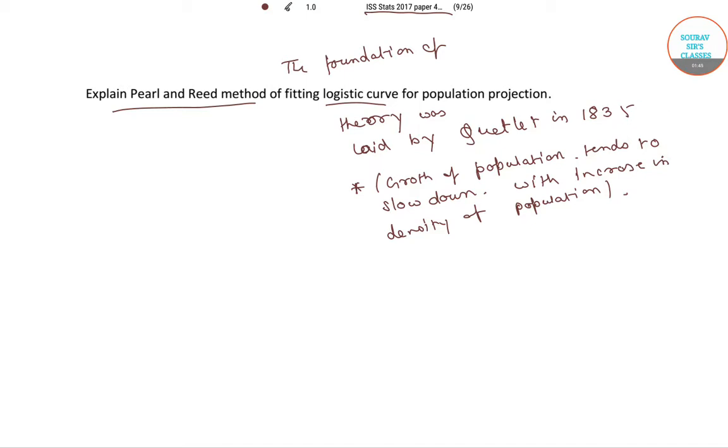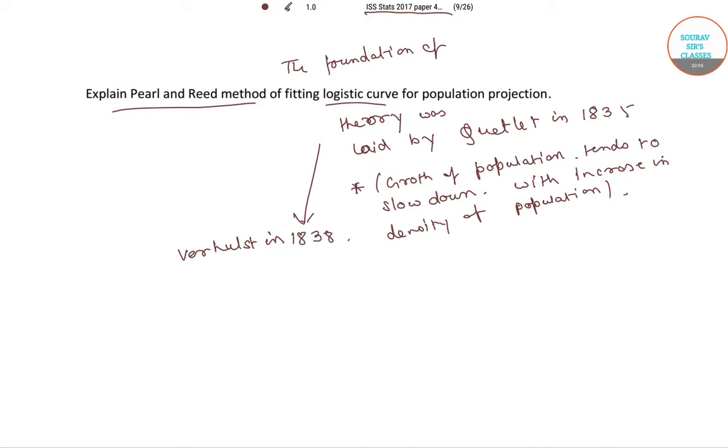This idea of the logistic curve was also given by Verhulst in 1838.